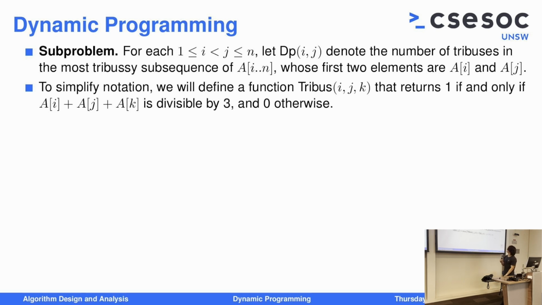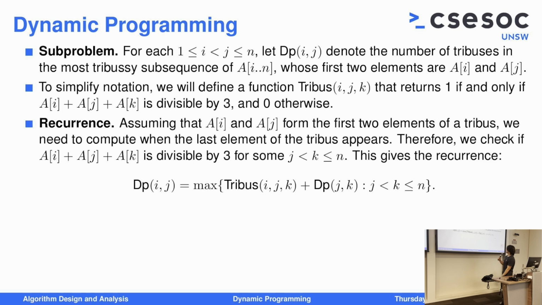Next, for our recurrence, assuming that a_i and a_j form the first 2 elements of a tribus, we need to compute when the last element of the tribus appears. So we check if a_i plus a_j plus a_k is divisible by 3 for some k with j less than k less than or equal to n. So our k needs to be after i and j because they are the first 2 in our subsequence, but it also can't be past the original sequence array.